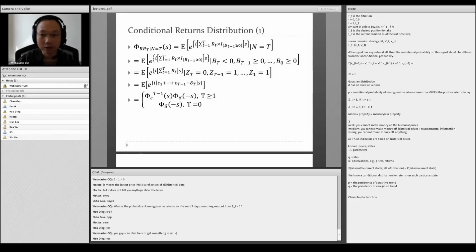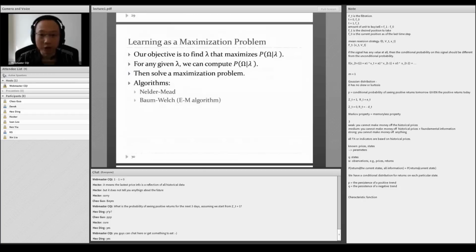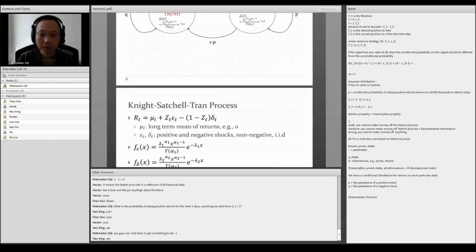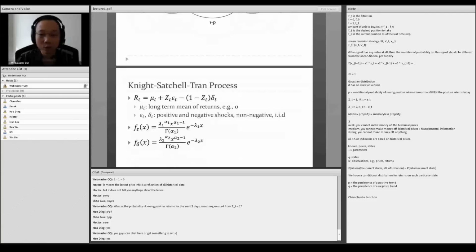This is from our definition of returns we did a long time ago. When we buy, BT is positive and ZT equal to 1, and RT would equal epsilon T. And likewise, when we sell, ZT equal to 0, so this disappears, and RT equal to delta T. So this is exactly what we plug in here.